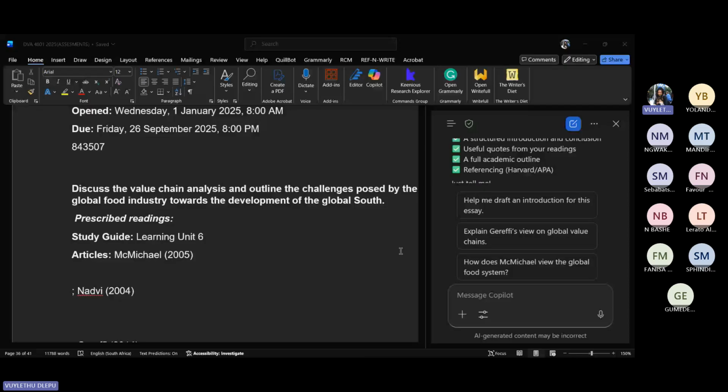How can value chain... let me quickly stop this and share the screen here. I'm just going to share the screen for the NADVI article.